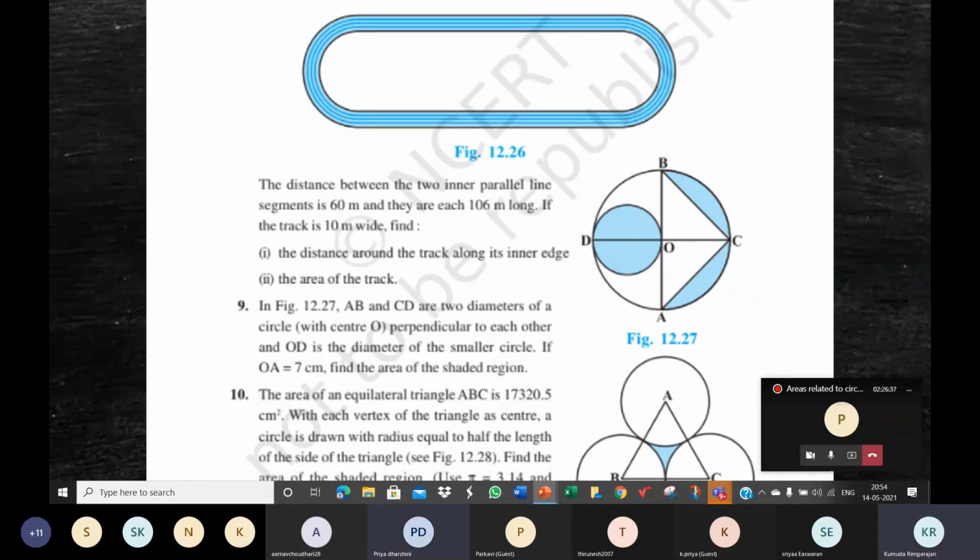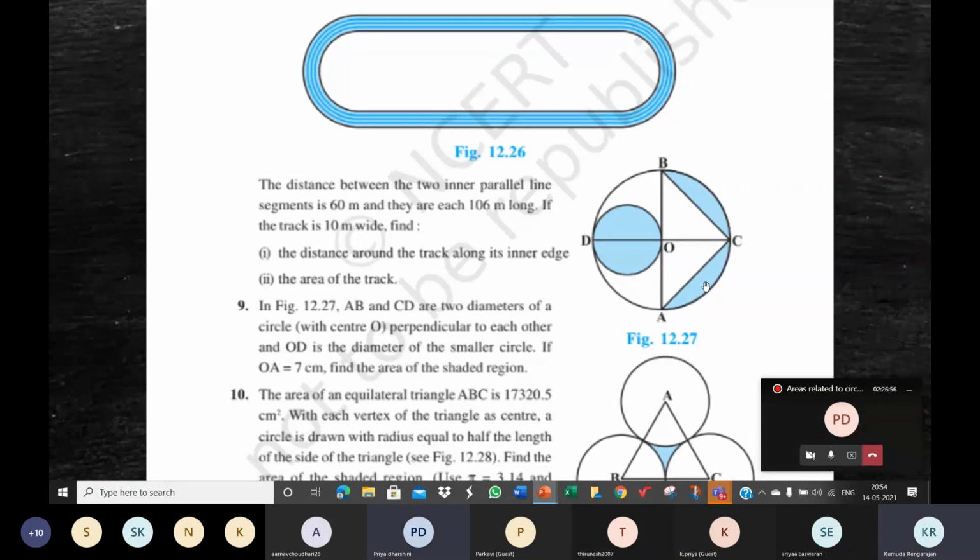Ma'am, area of semicircle minus the area of two triangles, ma'am. No, the shaded region is the circle. The circle is shaded and these two portions.